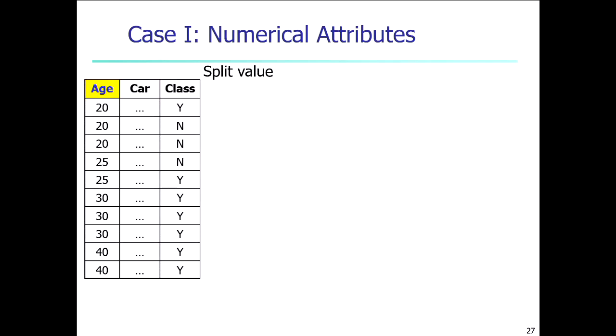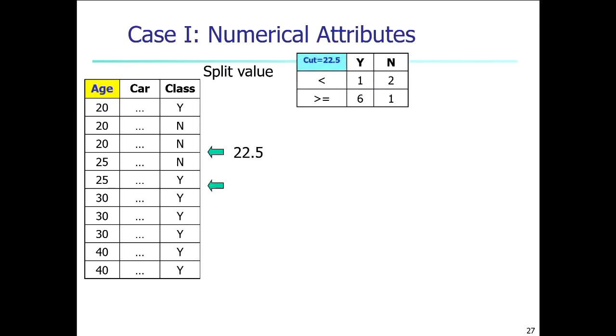So let's try it on some cases. The first one is numerical attributes. For example, age here. For age, we have 20, 25, 30, and 40. So we would have all different kinds of splitting values.